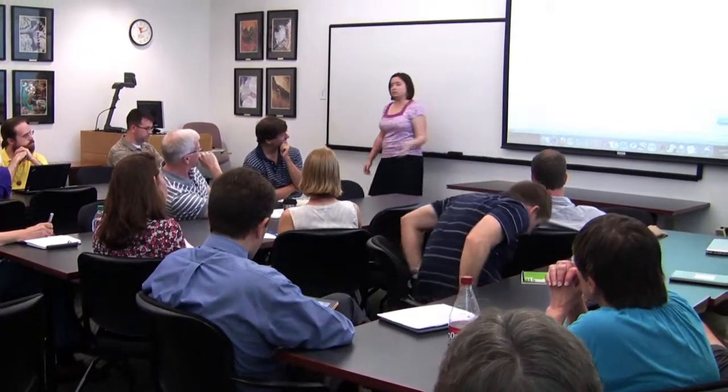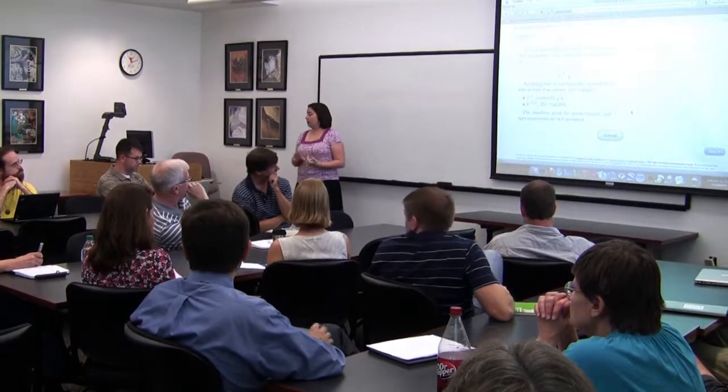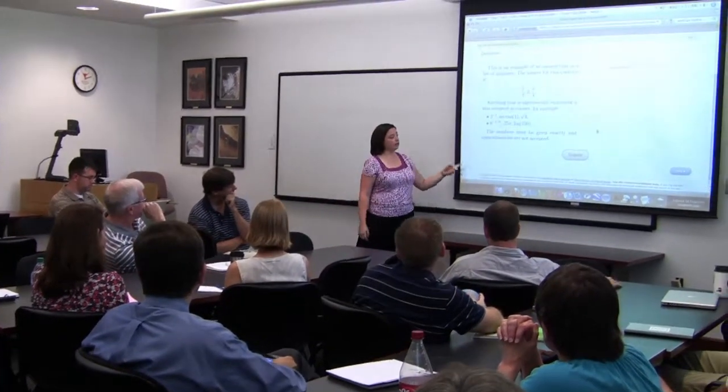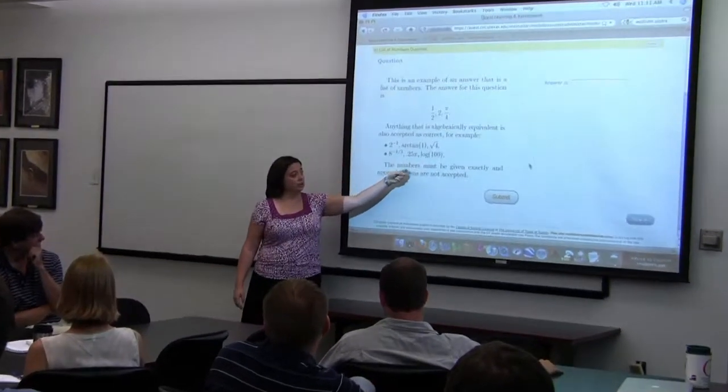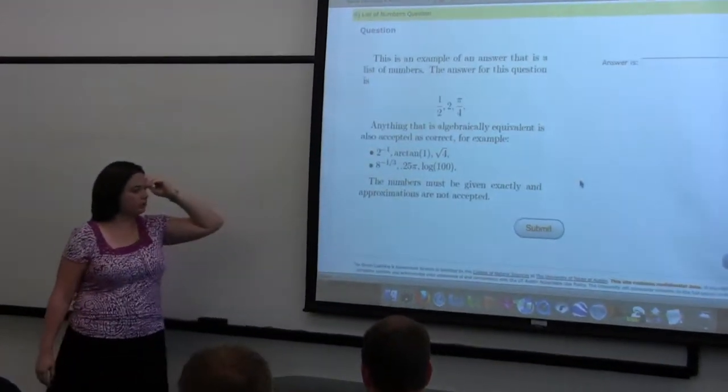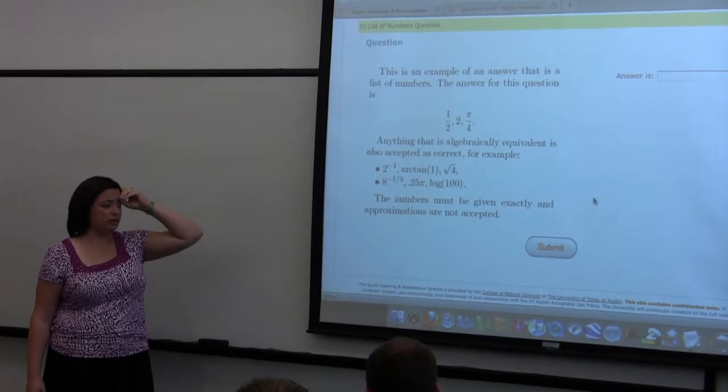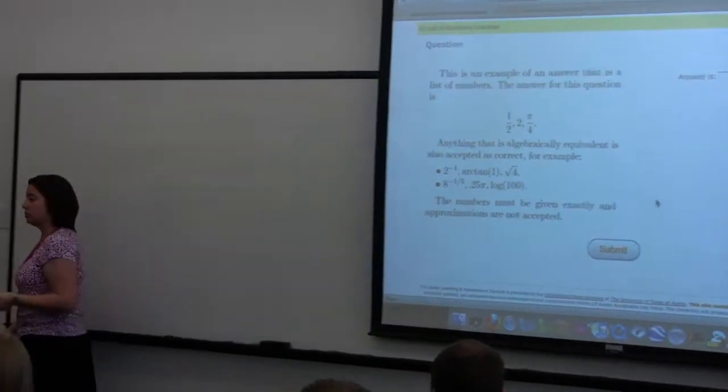Any other questions? So, we can accept lists of answers, for example, what are the x-intercepts of this function, what are the solutions? And again, anything that is algebraically equivalent is okay. I think the types of functions that we now are comfortable with are trig functions, like sine, cosine, tangent, inverse trig functions, the common log, the natural log, square root, absolute value, and rational functions, and polynomials.